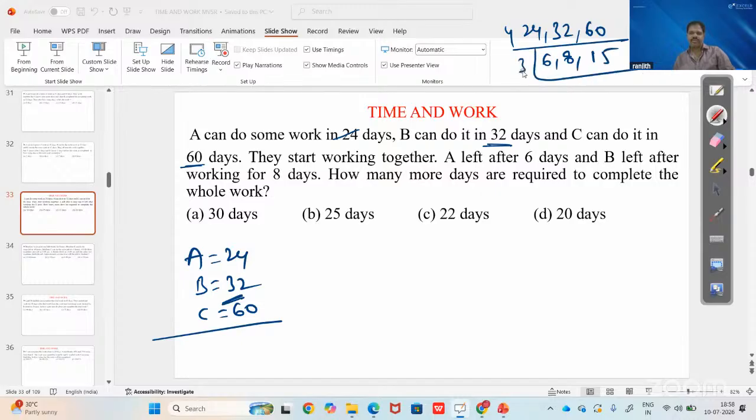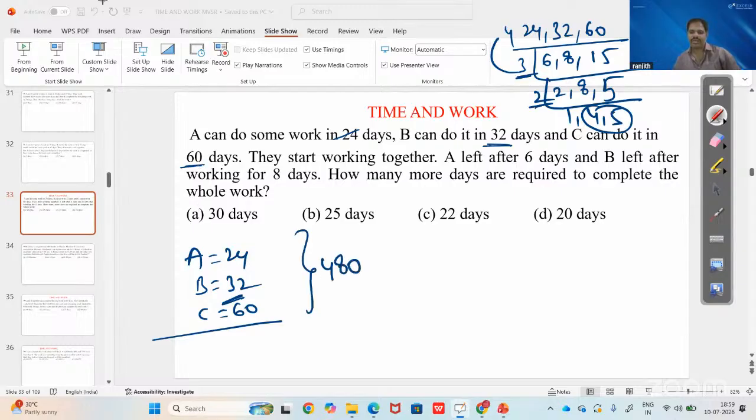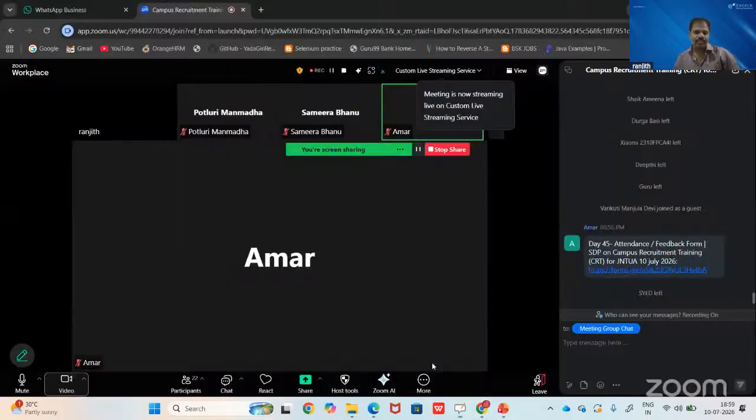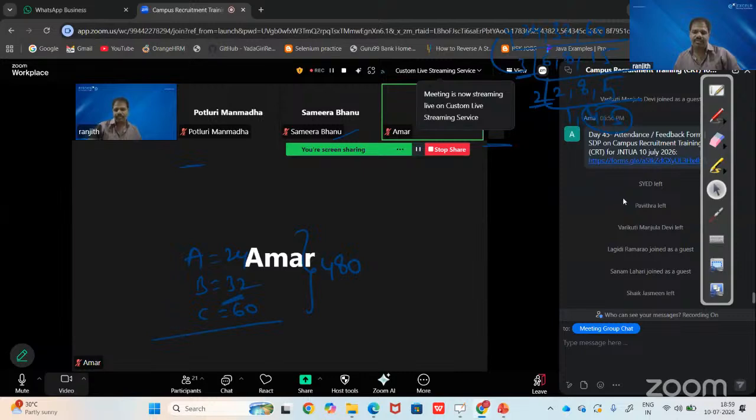So 3 table, 3 twos are 6, 3 fives are 15, 2 table, 2 ones are 2, 2 fours are 8, 5s. 4 fives are 20, 20 into 2 is 40, 4 twos are 8, 4 threes are 12, 12 fours are 48. So LCM will be equal to 480.